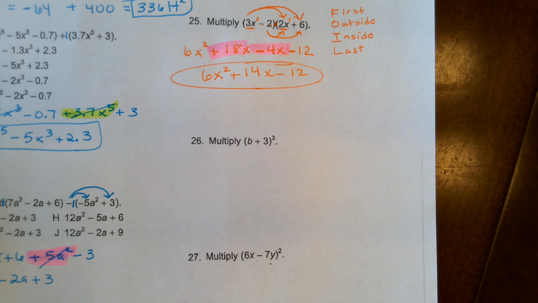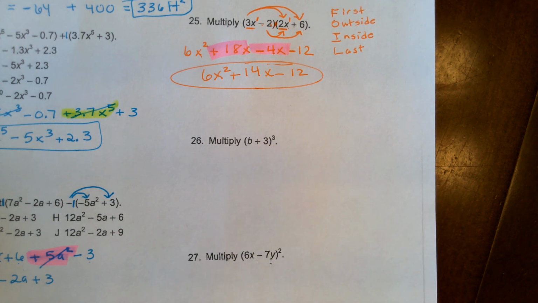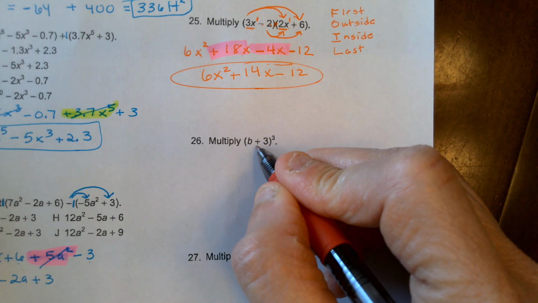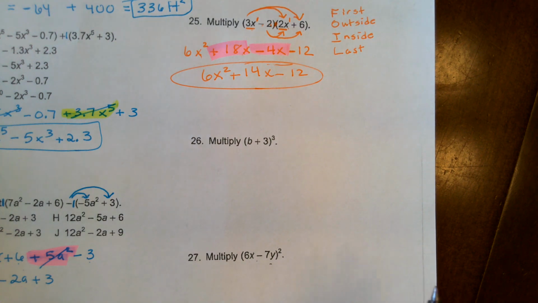Okay. Now we need to go on to (b + 3) to the third. Remember, this is adding. You cannot just cube these each like you did. Let me see where it was.